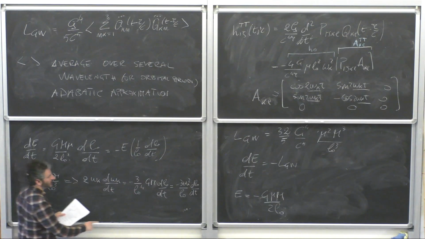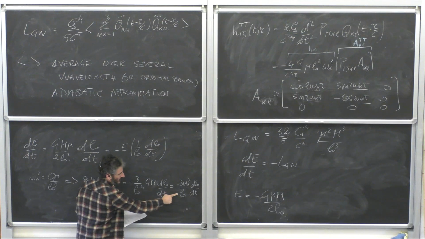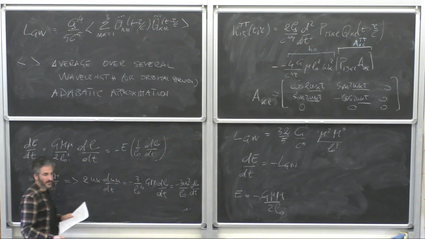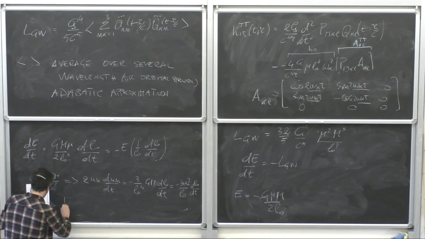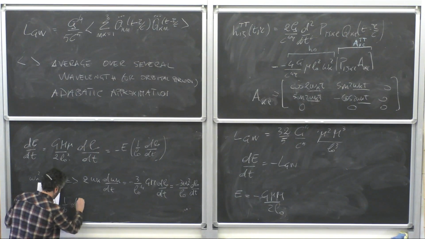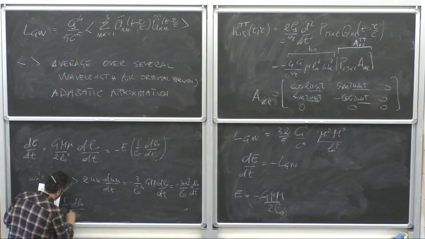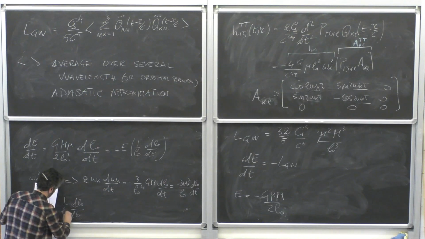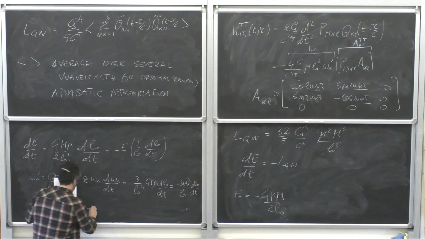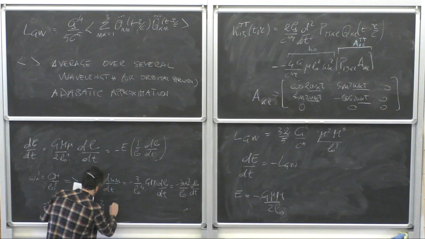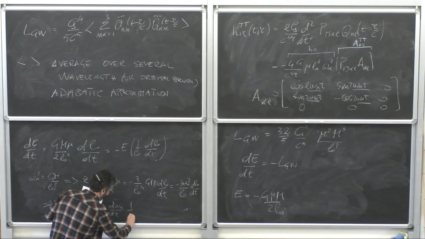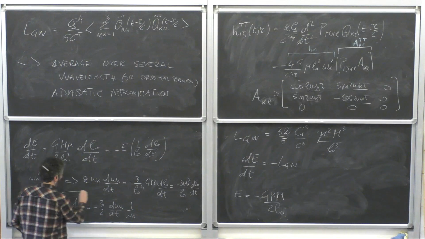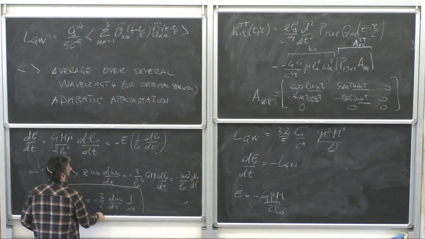Now if I isolate 1 over L0 multiplied by dL0/dt and equate these two, I get that 1 over L0 dL0/dt is equal to minus 3 over 2 d omega_K/dt times 1 over omega_K. Let's take this expression.